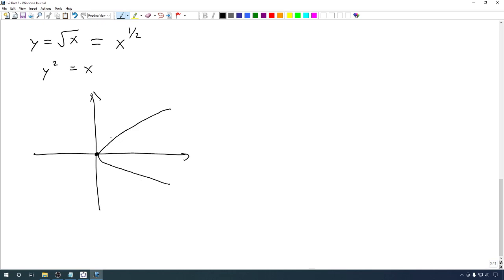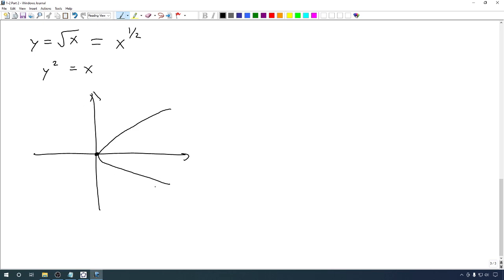The problem here is that this is not a graph of our square root function, because when we take the square root of anything, we assume by default that we are taking the positive square root. Therefore, there should not be any negative y's, because all the y's should come as square roots of some x.